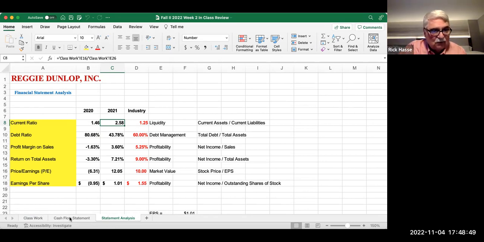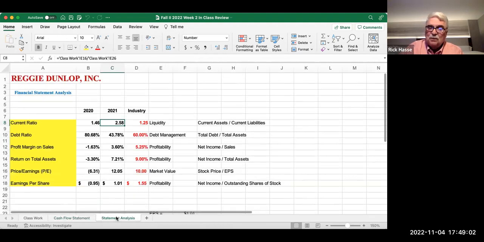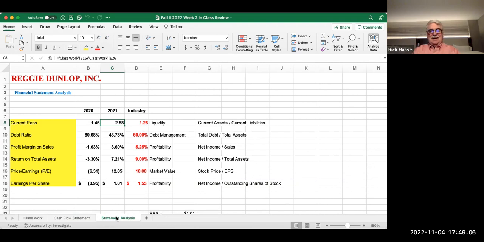Well, remember in the cash flow statement, we saw that this company paid $920,000 of their debt by the raising of capital in common stock. Not a smart way of doing business, though, because issuance of common stock is the most expensive form of financing. You've got to pay stockbrokers, lawyers, attorneys, very expensive.